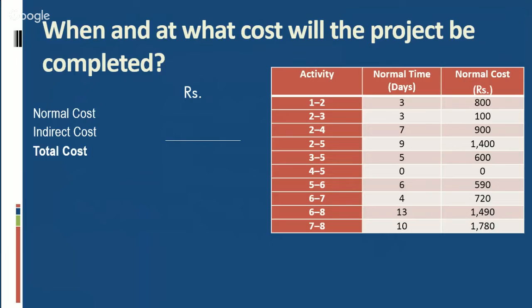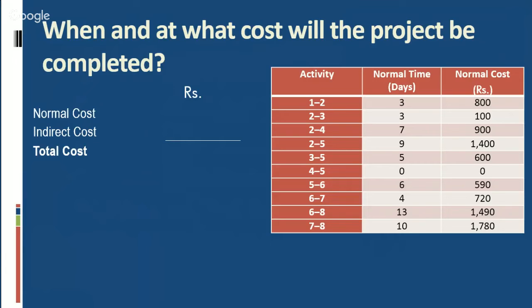Next question is, when and at what cost will the project be completed? To complete a project, we have to incur 2 types of cost. First is normal cost or direct cost, and second is indirect cost.